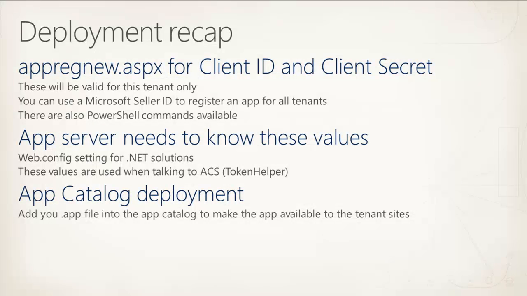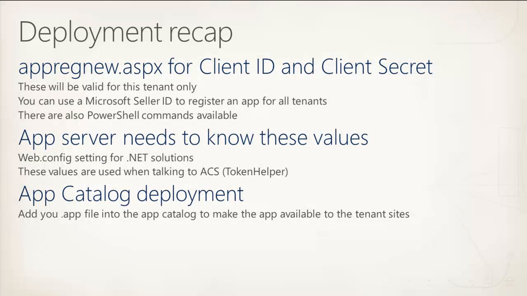Those are what the app will use to authenticate itself and convert that context token into the access token. There are several ways of getting them. One of them is to register yourself as a Microsoft Seller ID, and you can create those for any tenant, and your app will be able to install in any tenant. But if you're only installing in one specific tenant, you actually don't need to do that.